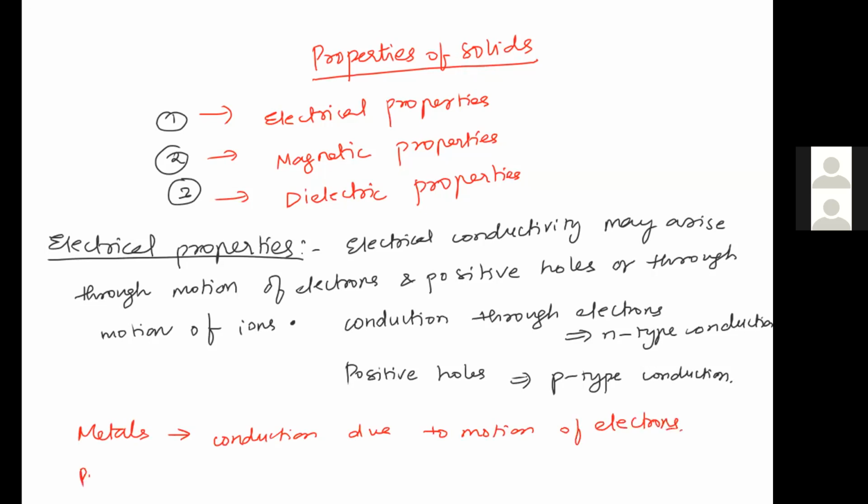Whereas in pure ionic solids, conduction takes place only through motion of ions. And ionic solids directly do not conduct electricity except in molten state or in aqueous state.